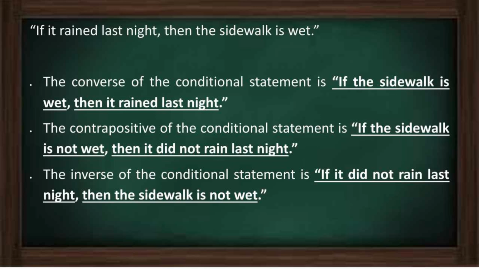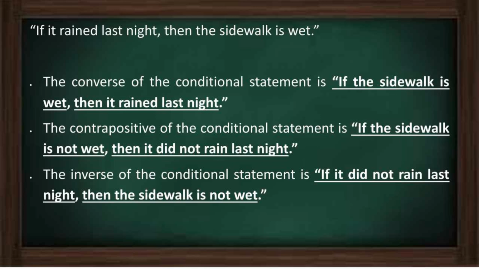So let us proceed with the contrapositive of the conditional statement. Our contrapositive is if not Q then not P. So our statement here is if the sidewalk is not wet then it did not rain last night. What is our Q here? Yes, the sidewalk is not wet. And P?